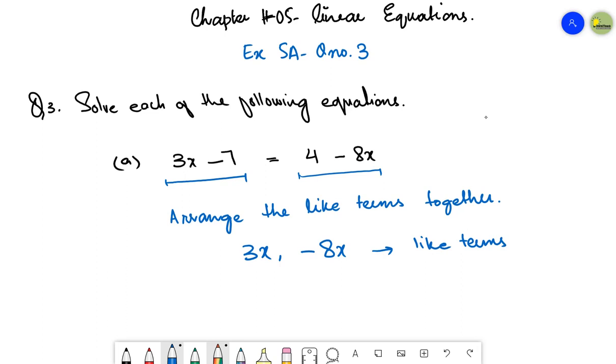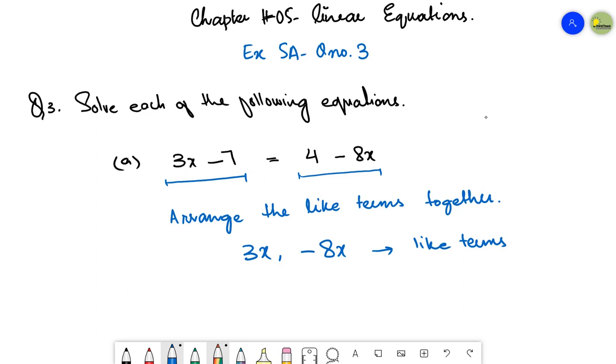Since both are like terms, we should do something so that both terms can be placed on one side of the equation. We need to shift minus 8x to the left hand side of the equation so that 3x and minus 8x can be solved together. It's a very important thing that whenever you have like terms on opposite sides of the equation, you need to move these terms in such a way that they become one side of the equation.